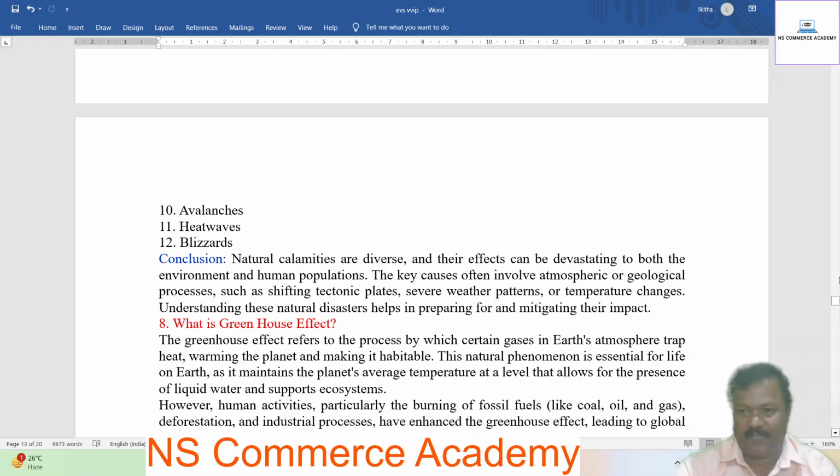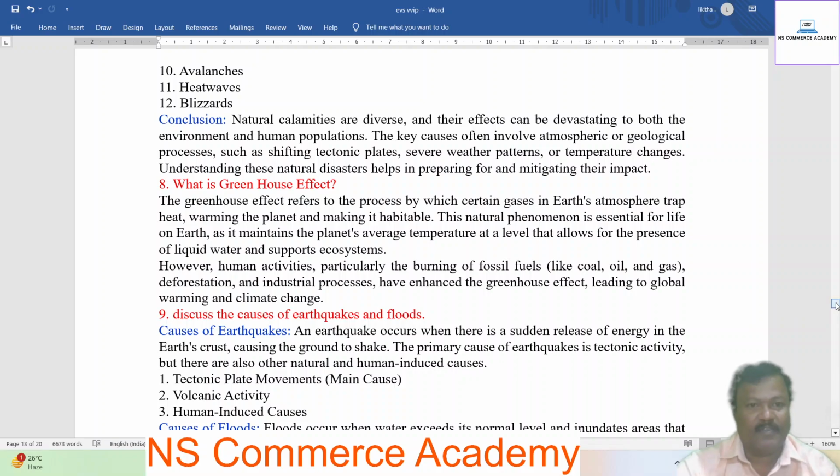Next, what is the greenhouse effect? The greenhouse effect refers to the process by which certain gases in Earth's atmosphere trap heat, warming the planet and making it habitable.